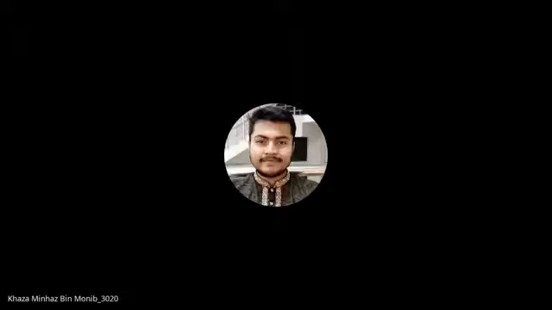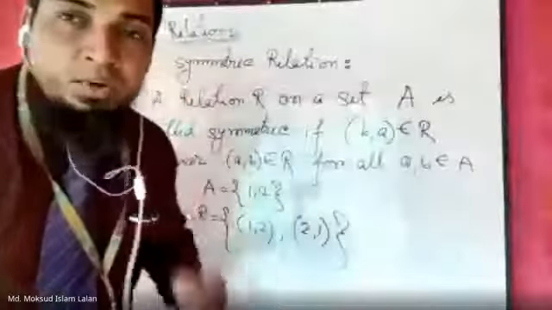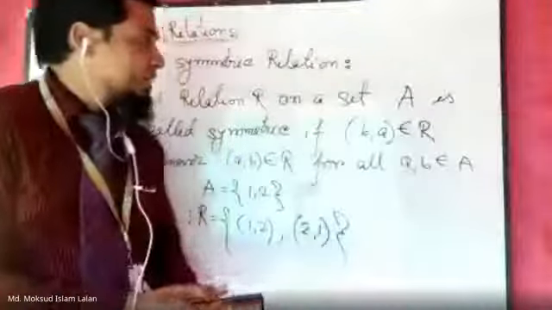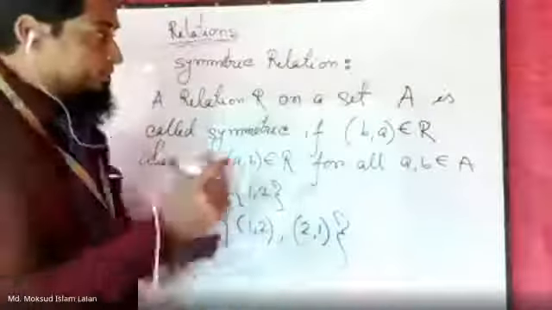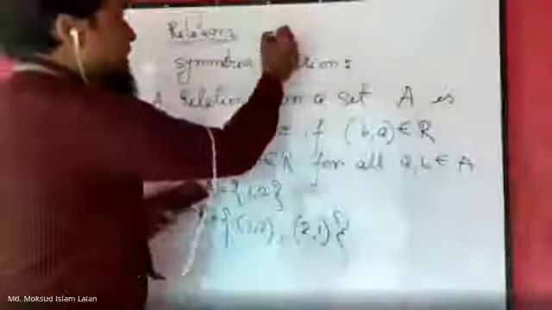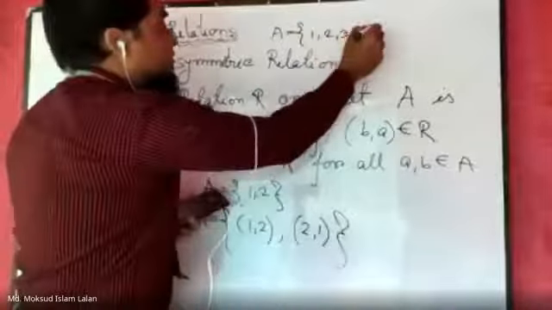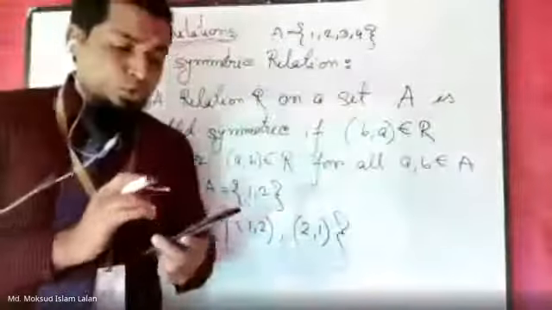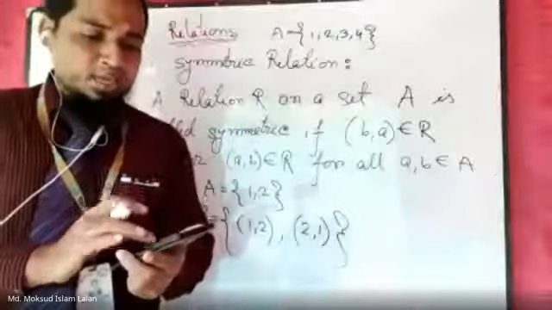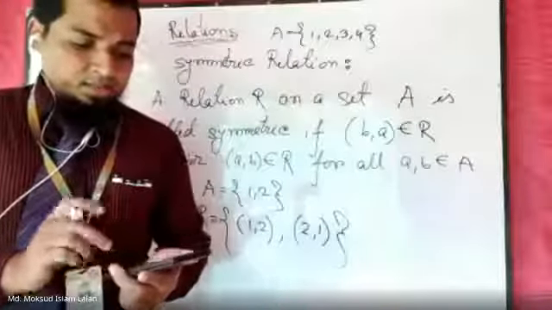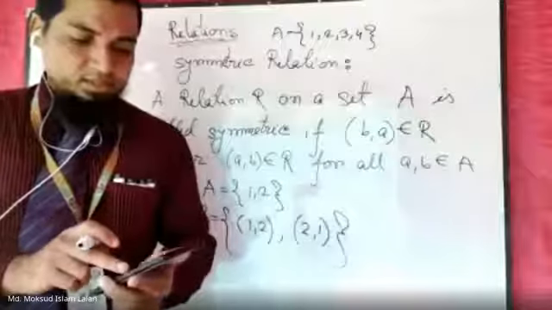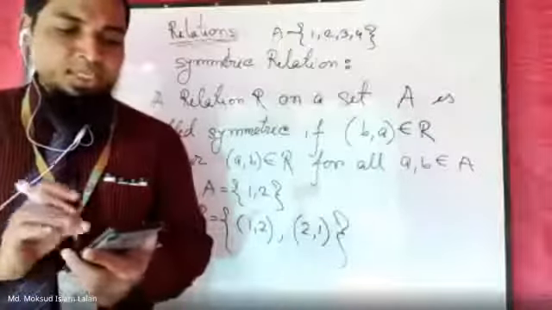Okay, sir. So in your example, I mean previous math, in ABC, A equals {1, 2, 3, 4}. Can you say which one is symmetric? Which one is symmetric?